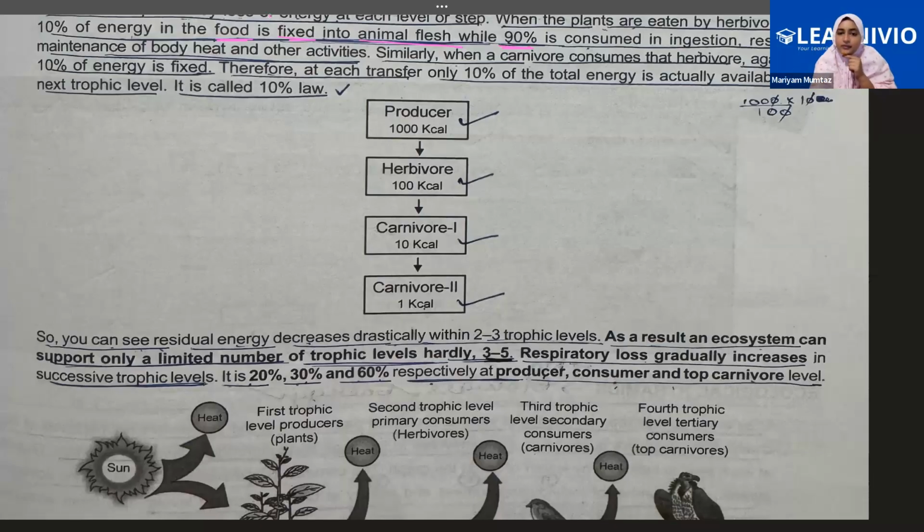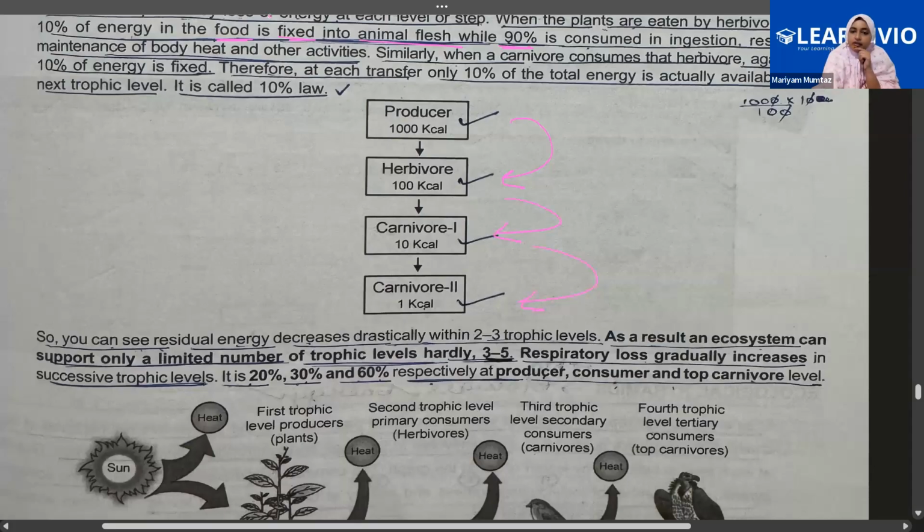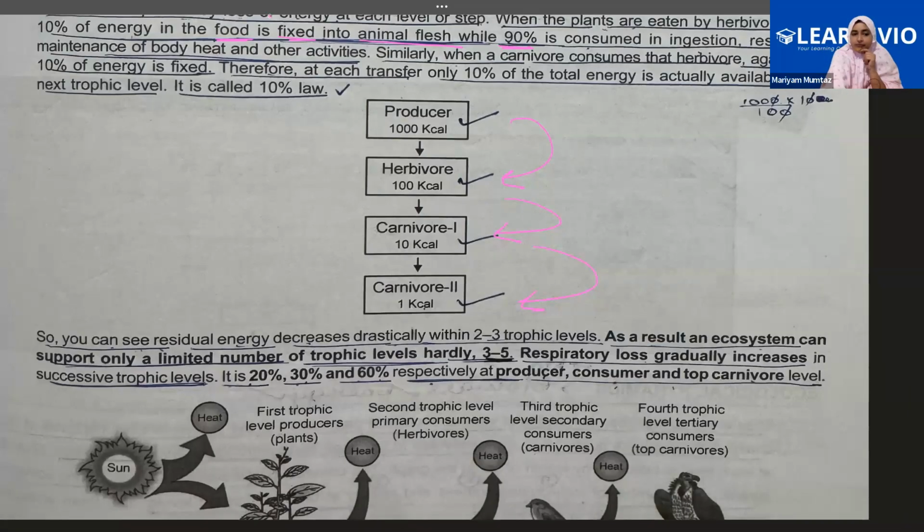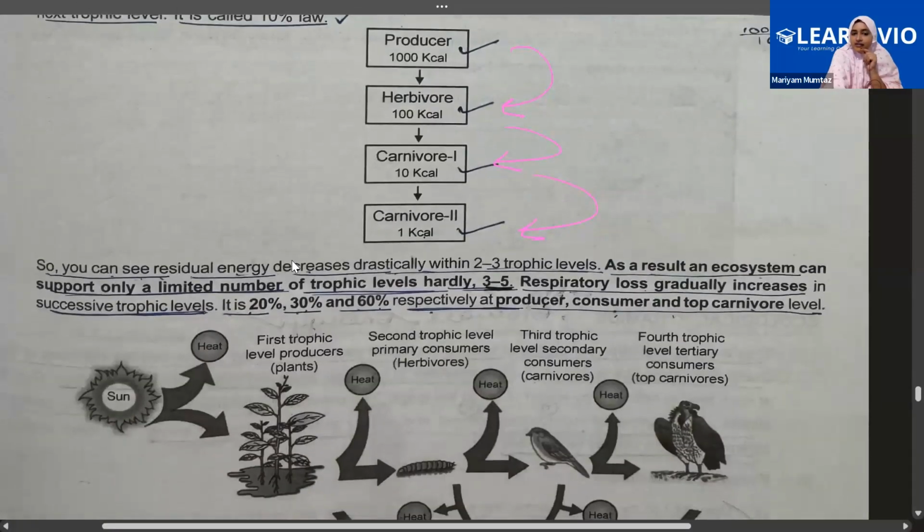Now this one, again, from the producer, 10% goes to the herbivore. Then from the herbivore, 10% goes to the carnivore. Ultimately, at the next level, 10% is being transferred at every trophic level. So you can see residual energy decreases drastically within 2 to 3 trophic levels. As a result, an ecosystem can only support a limited number of trophic levels, hardly 3 to 5.